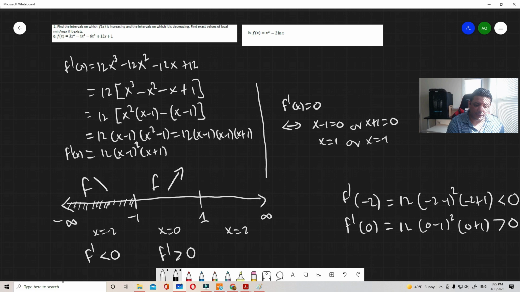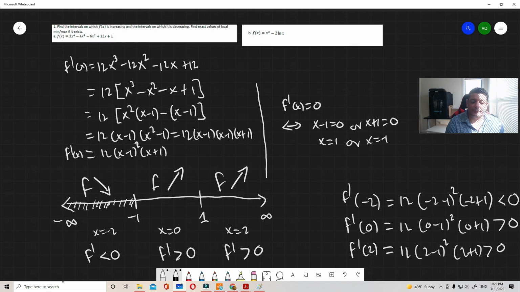Here f is going to be decreasing. Here f is going to be growing. And if I check f prime at 2, then you notice that this is 12 times 2 minus 1 squared, which is also positive, and 2 plus 1, which is also positive. So f prime is positive here, and f is growing again.